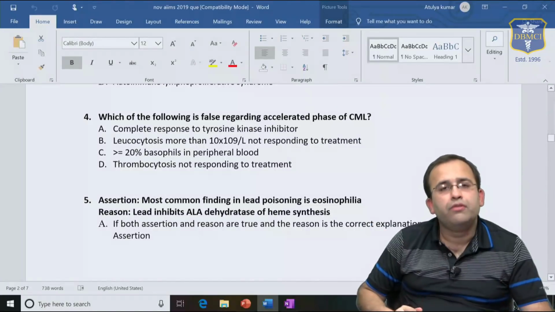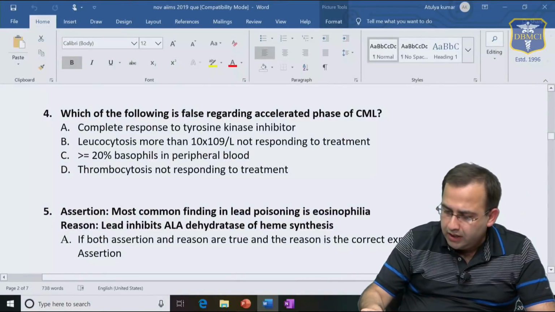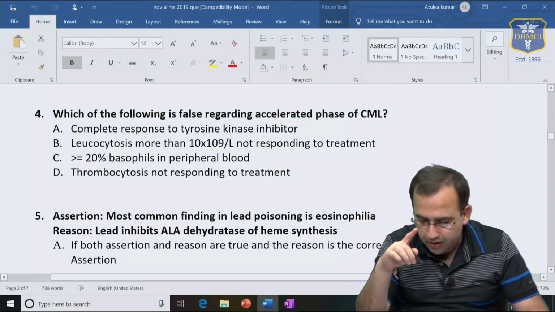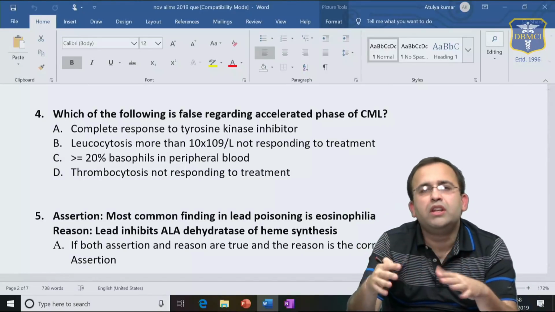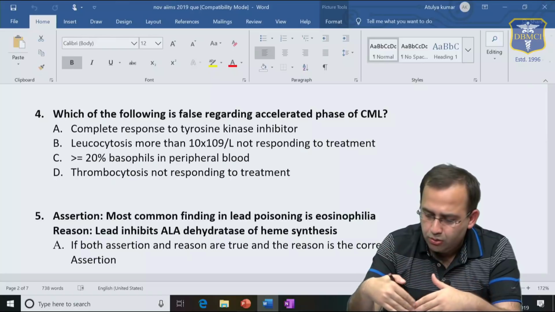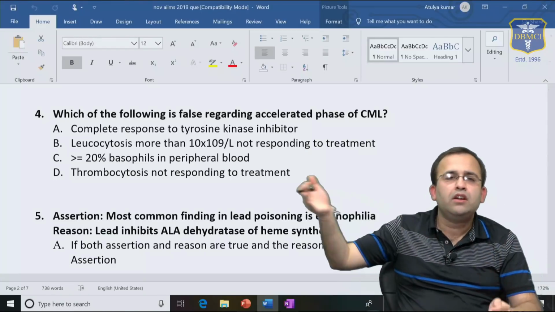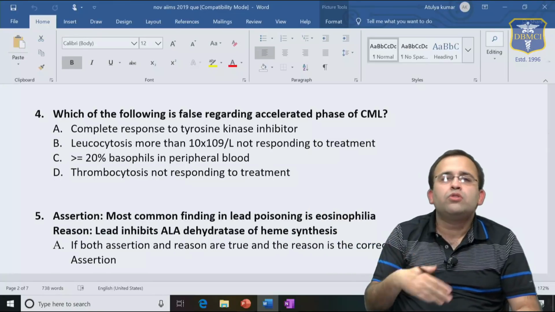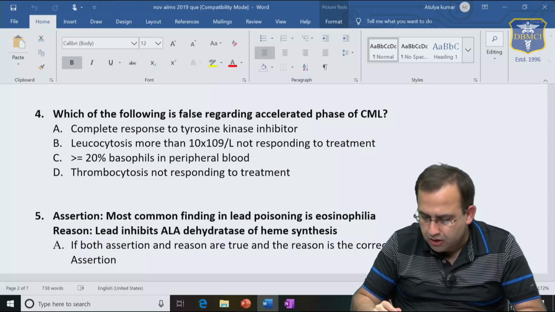Next, question 4. A pretty straightforward one. Which of the following is false regarding accelerated phase of CML? Complete response to tyrosine kinase inhibitor. Even if I know nothing about CML, this looks false, because accelerated phase should not have a complete response. So option 1 is absolutely false. That is the answer.